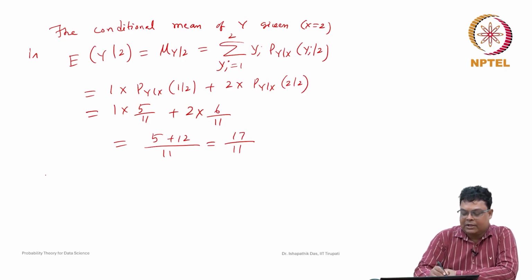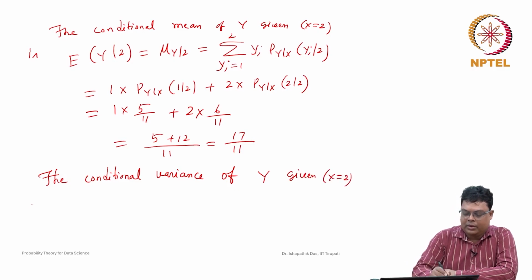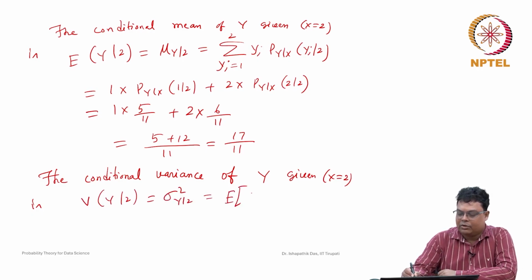If you want to find the conditional variance, by definition, the conditional variance of y given x equal to 2, which we write as sigma square y given 2, is the expected value of y minus mu y given 2, whole square.